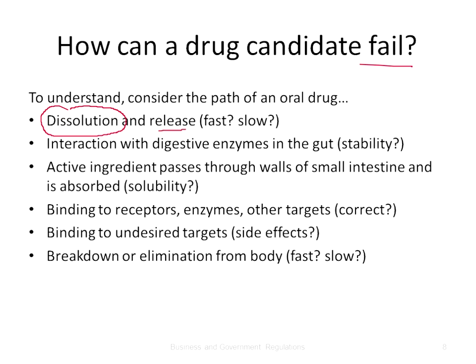And release, is it fast or slow? So dissolution and release. You want it to dissolve really quickly, and you want it to be stable in your stomach, right? Now, there is also interaction with digestive enzymes. This is one of the main reasons why proteins are not taken orally.